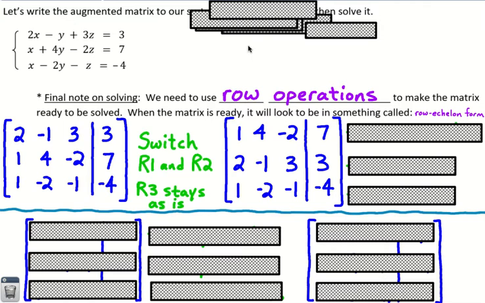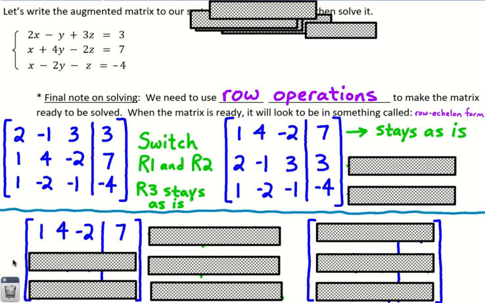We're going to look to combine rows together in order to have zeros as a result. Since I don't want to change row 1, I do want to change row 2. I want this to become a 0, and I want this to become a 0. Row 1 is going to stay as is, so row 1 can stay 1, 4, -2, 7. But I want to make a combination of 2 rows that will result in a 0 here, and then another combination of rows that will result here. So here's what we're going to do.